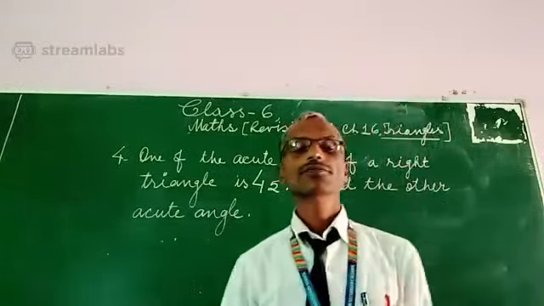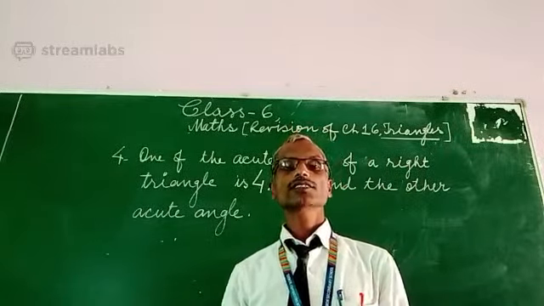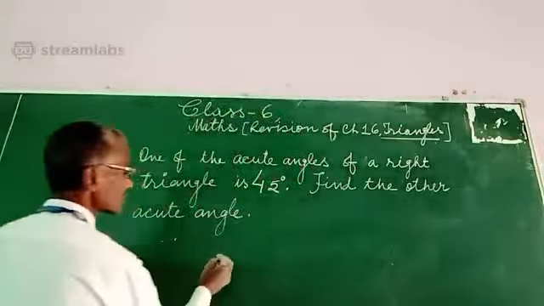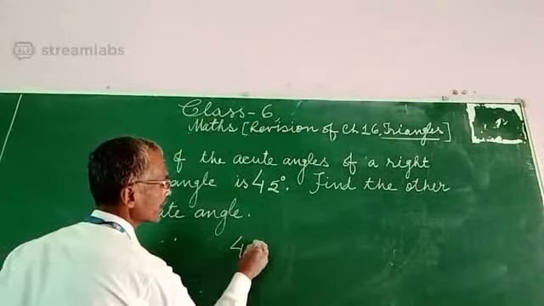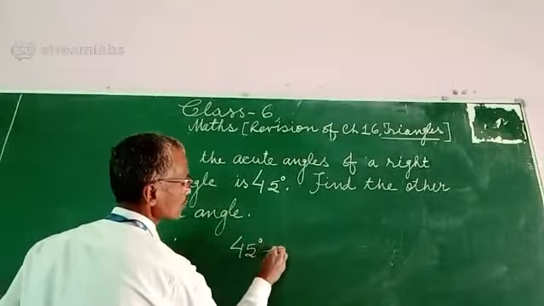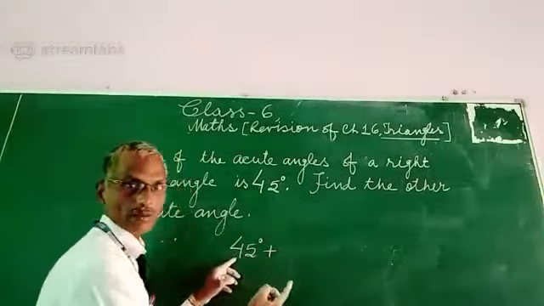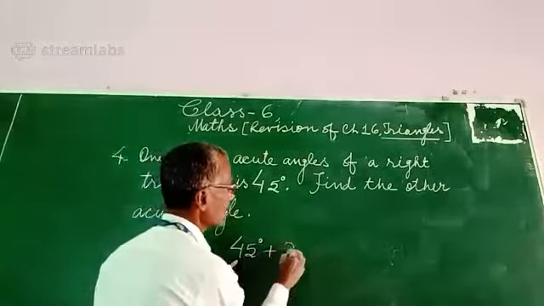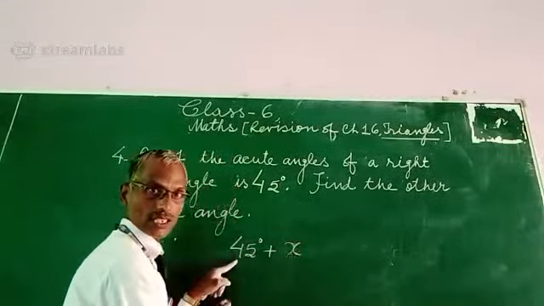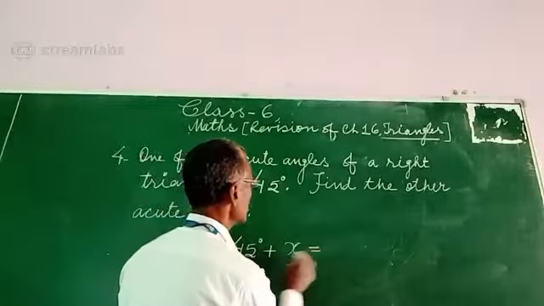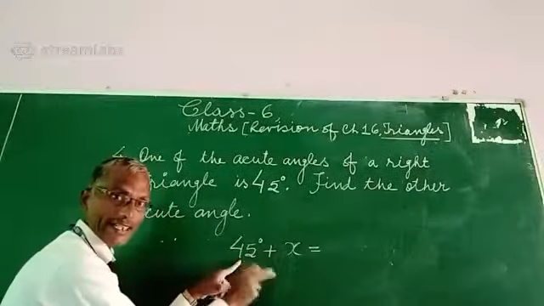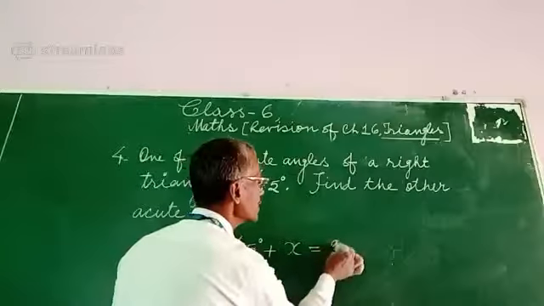Alka Srivastava, dear, your answer is not correct. Look here, let the other acute angle be x. One angle is 45 degrees, the other acute angle is x, and the sum of acute angles in a right angle triangle is 90 degrees.